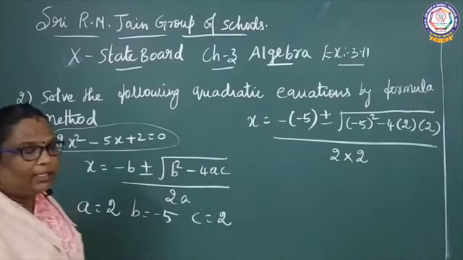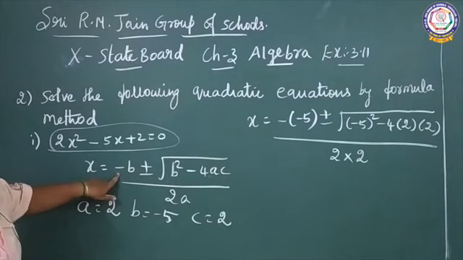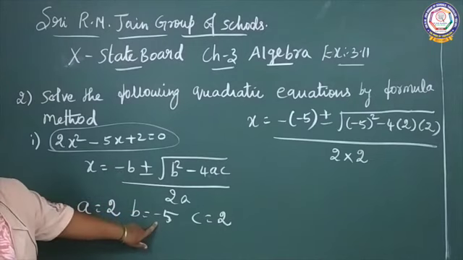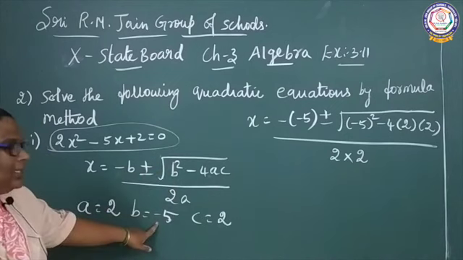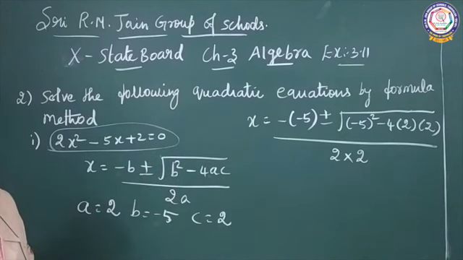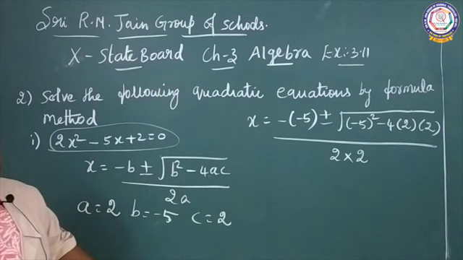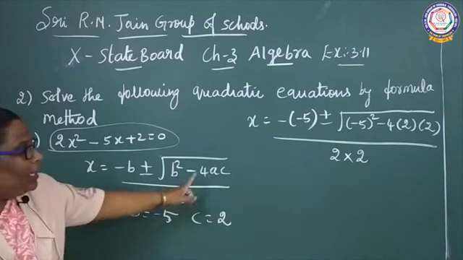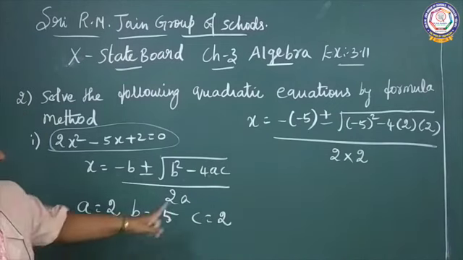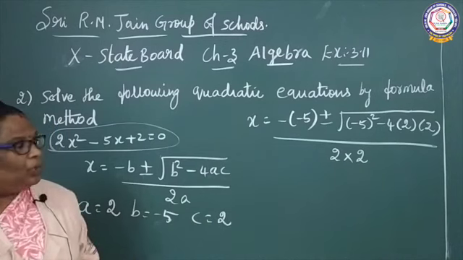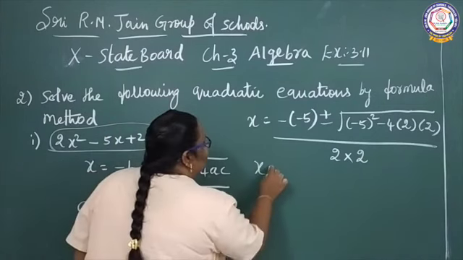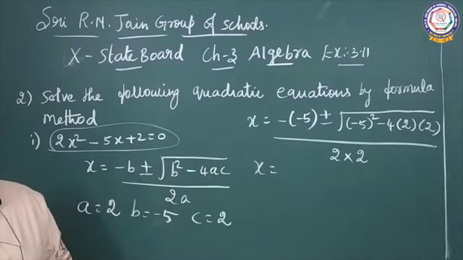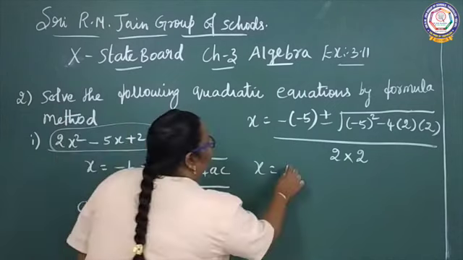Is it clear? See, minus b, the value of b is minus 5, plus or minus root of b square, which is minus 5 the whole square, minus 4 into a value 2 and c value 2, by 2a. 2 into 2 is nothing but 4. So, x equal to 5.